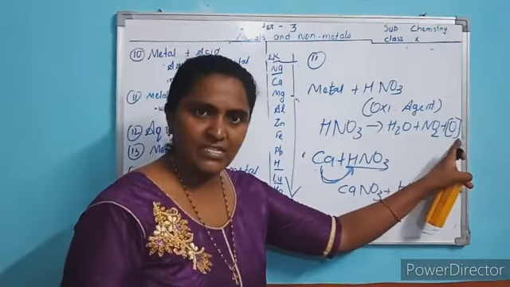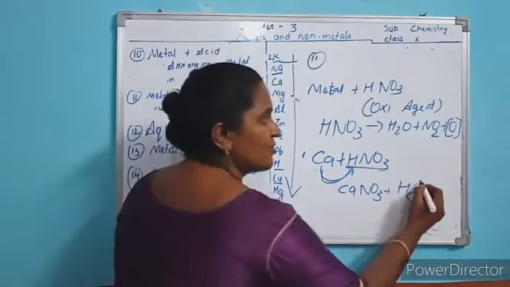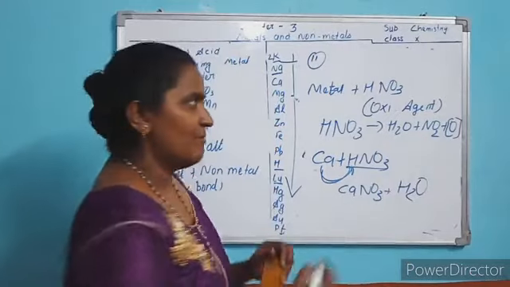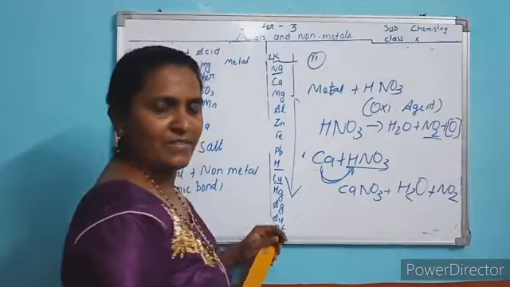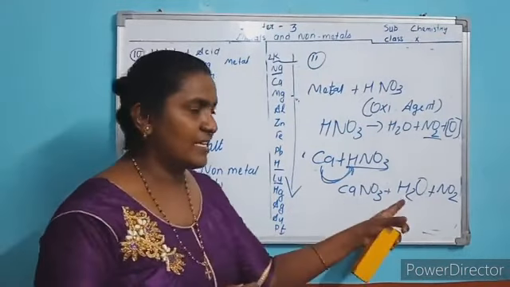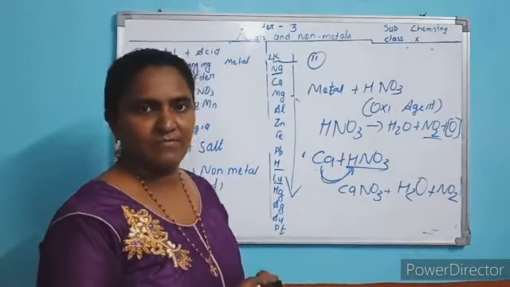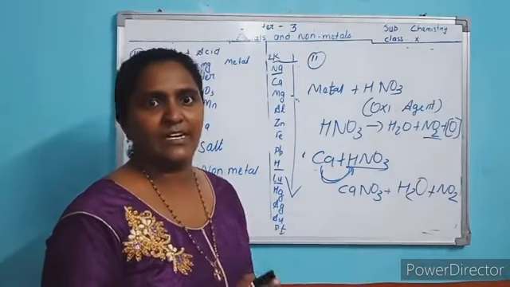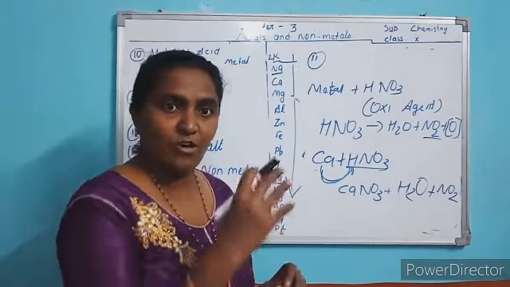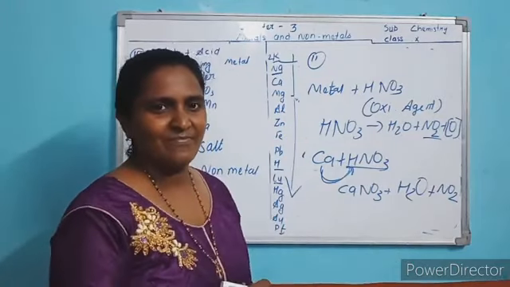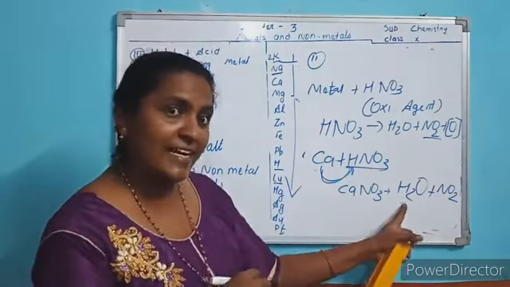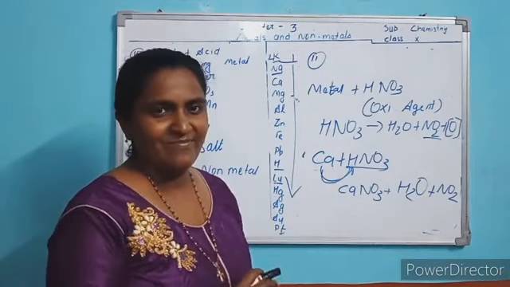But since nitric acid is an oxidizing agent, it oxidizes hydrogen to water, plus NO2 gas also. Understood? Oxygen is added to the hydrogen, so it oxidizes the hydrogen to water.